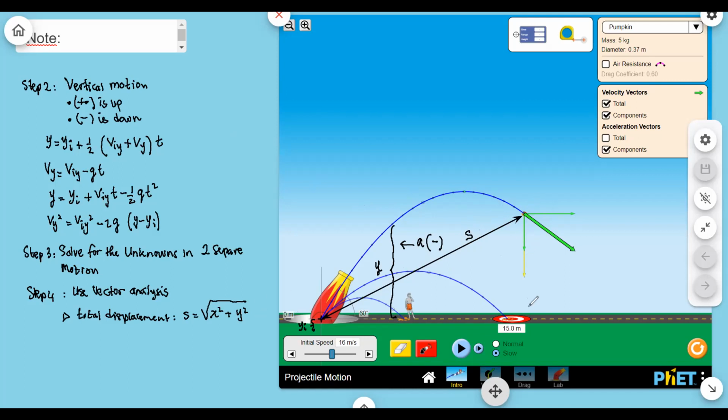We can find the range, or we can say X, and you can also find Y, or the final height. And then you can find the displacement of the projectile.